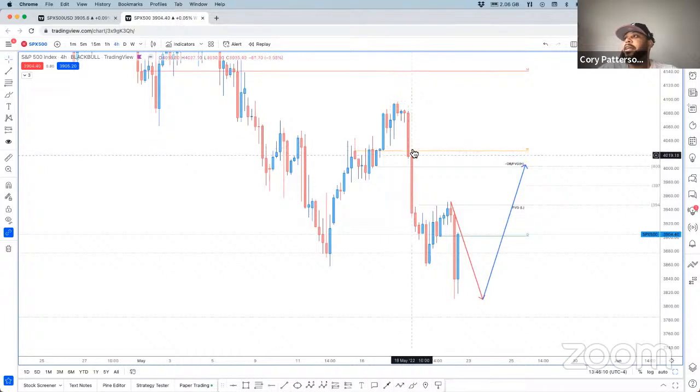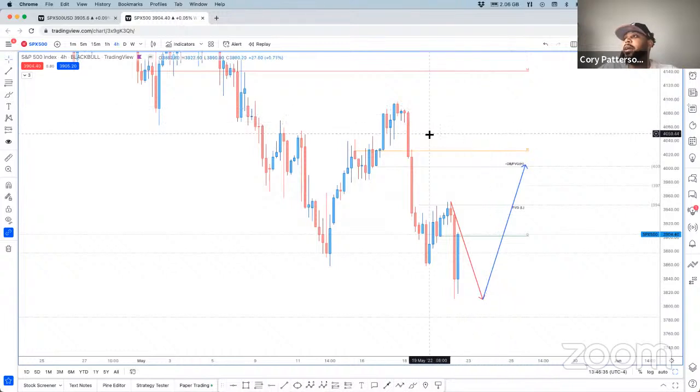We never came back into this. So that's one good sign that if price comes back up into this area, this may be an area to consider because we never had price come back into this range. So we will likely get some kind of rejection right there.